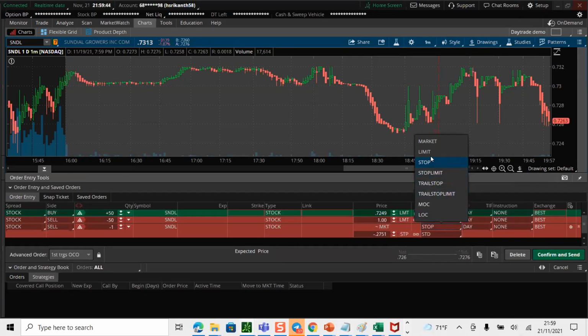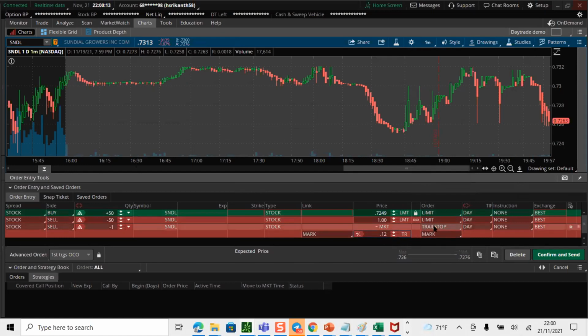You can just set up your stop. Let's say do stop. I'll just set up the moment it goes less than 60 cents, you can sell it here.